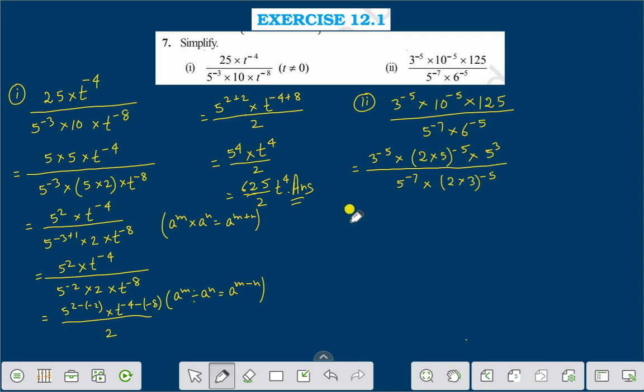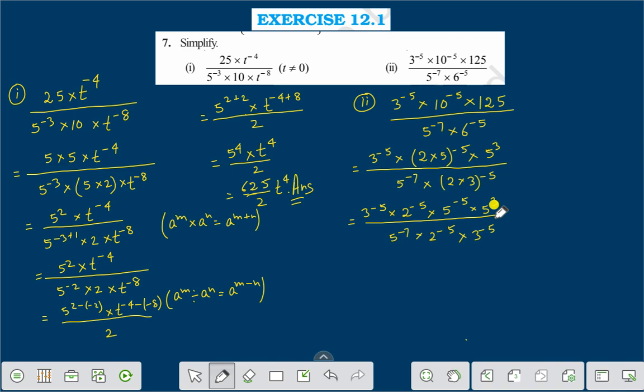Now we can write 3 to the power minus 5 into 2 to the power minus 5 into 5 to the power minus 5 into 5 to the power 3, divided by 5 to the power minus 7 into 2 to the power minus 5 into 3 to the power minus 5.